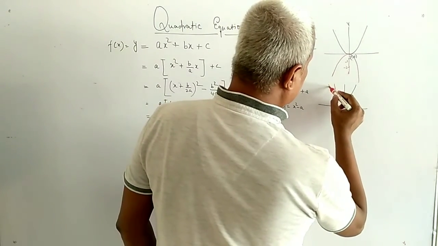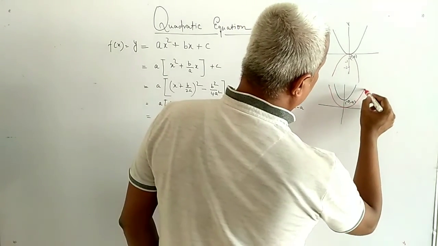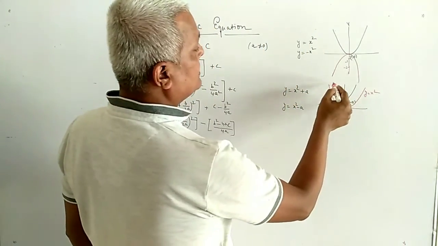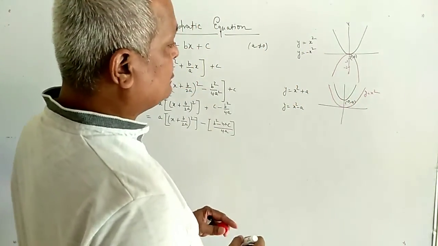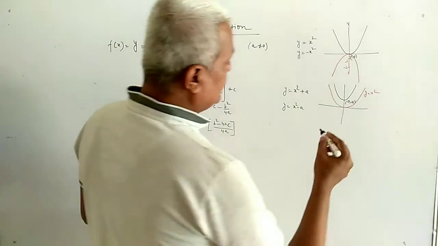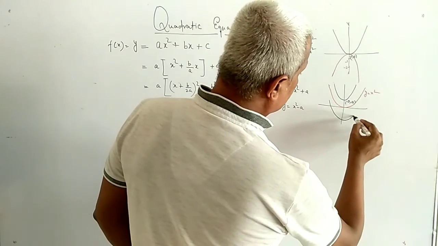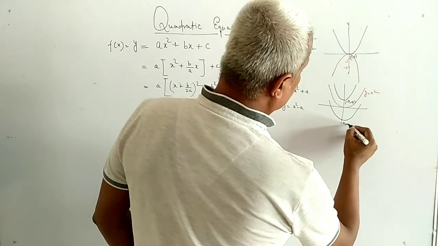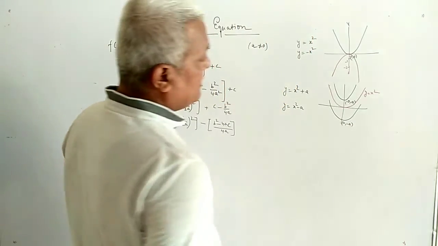So this red graph is my y equal to x square, and this above one is y equal to x square plus a. If it is y equal to x square minus a, then your graph will go like this, and your vertex will come here at 0 comma minus a.